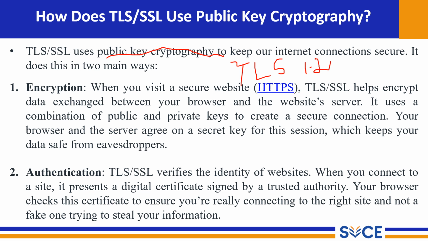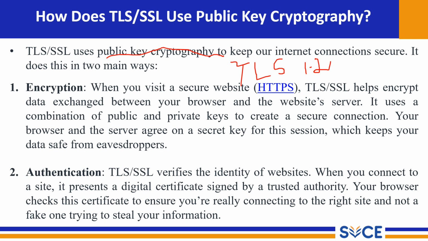And in TLS 1.2, there are so many steps involved, like the handshake process, session key, and data encryption and integrity. What is meant by the handshake process is that the client sends, for example, a client hello message, which lists the supported ciphers. The server responds with the server hello and its SSL or TLS certificate, which contains a public key.